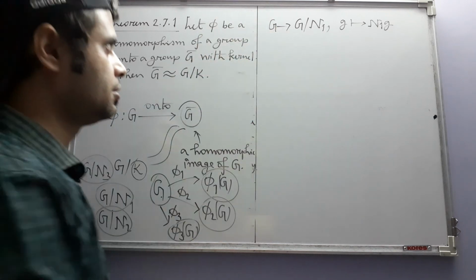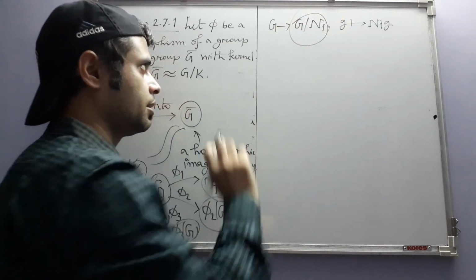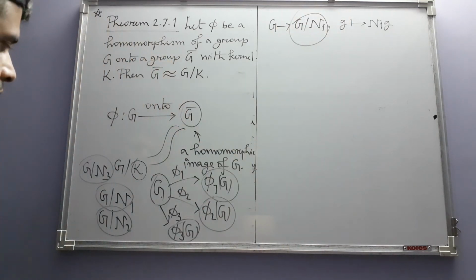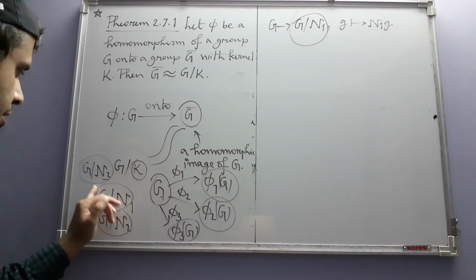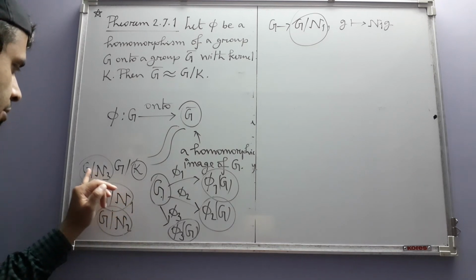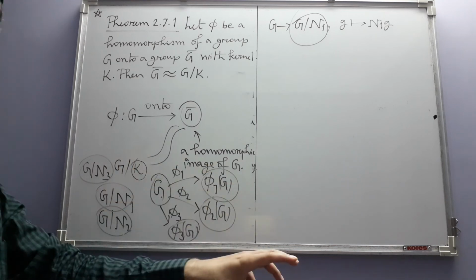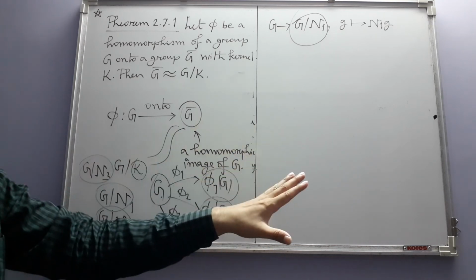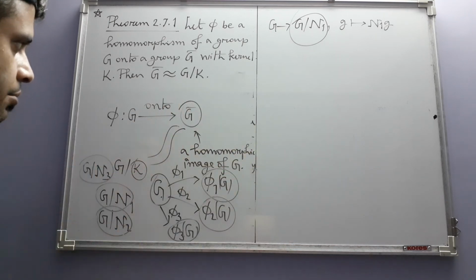So that means G by N1 is a homomorphic image. That just says that if we keep on forming quotients of a group by its normal subgroups, we are getting homomorphic images of the given group.